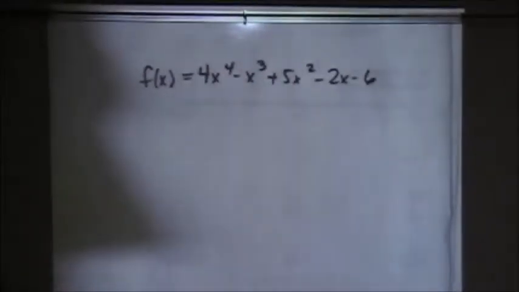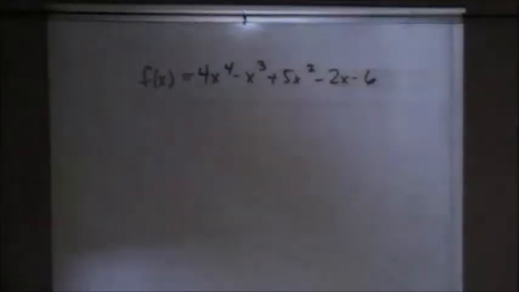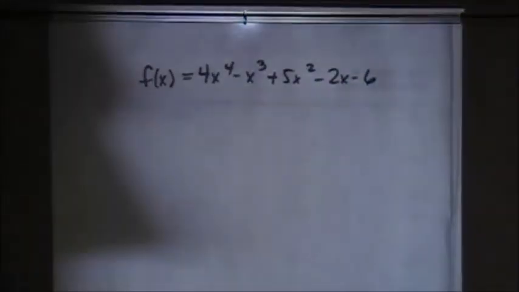So let's say this time we were given f of x equals 4x to the 4th minus x cubed plus 5x squared minus 2x minus 6. So this is my function. I'm going to count the number of sign changes. It starts out positive and goes to negative.